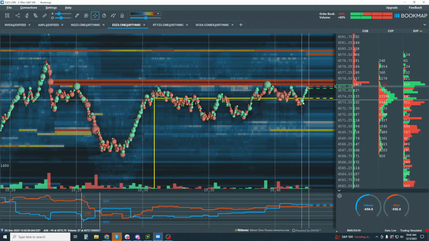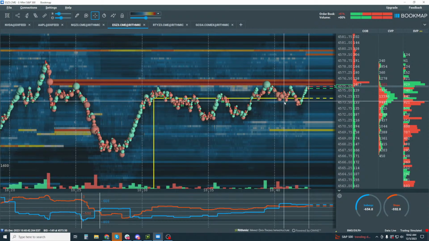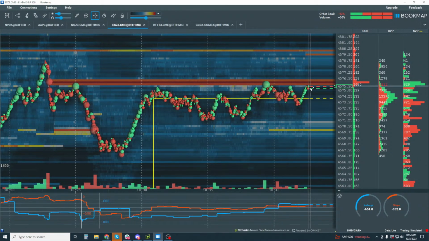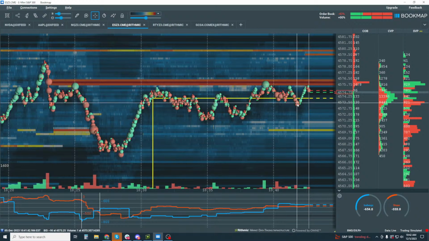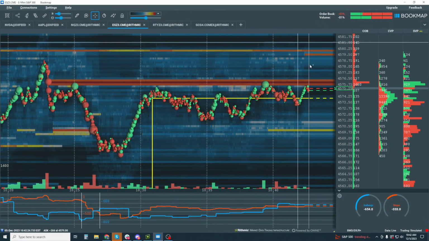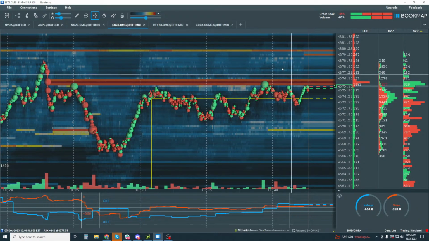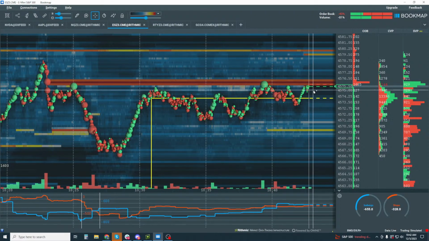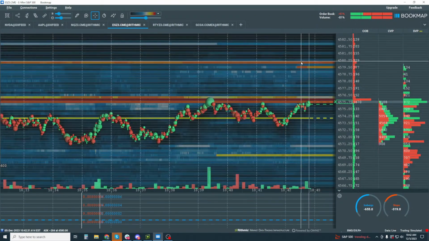Boy, hard read. I mean, we dipped below this little area here and we found some more sellers, and the buyers brought it right back up again. So yeah, just staying put for right now, and not seeing something fantastic at the moment.